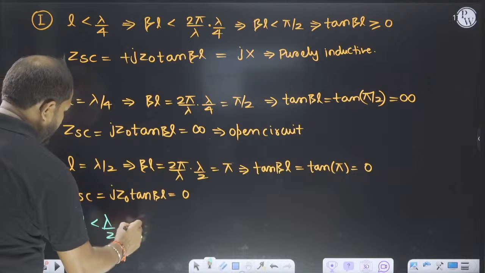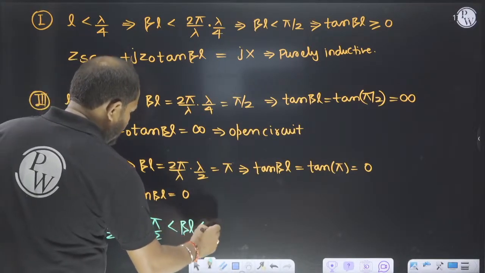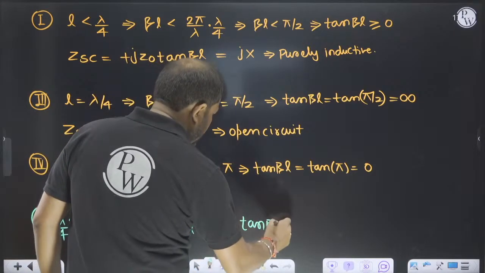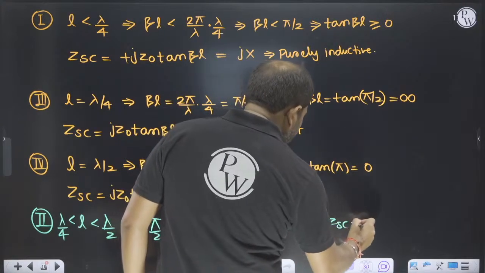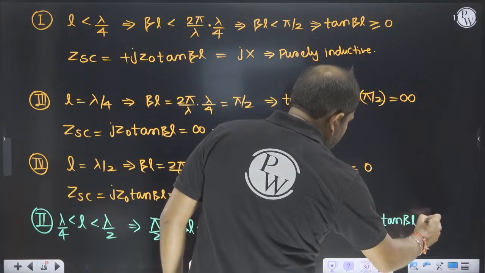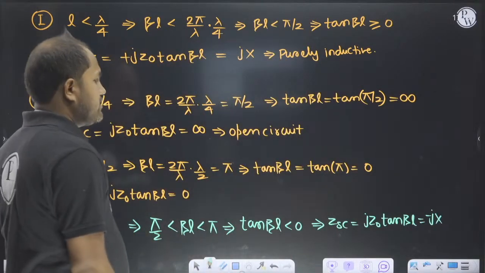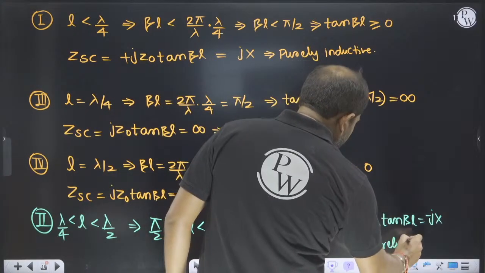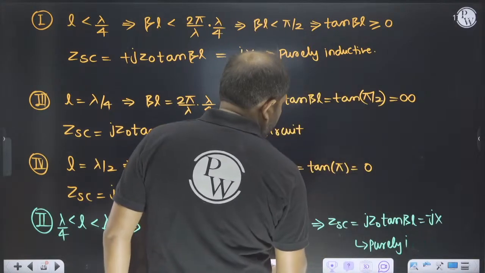So beta L lies between pi by 2 to pi. That means second quadrant. In second quadrant, tan beta L will be less than 0. That means ZSC is equal to JZ0 tan beta L, and tan beta L is less than 0. That means minus JX. Minus JX is purely inductive. So first one is purely inductive.